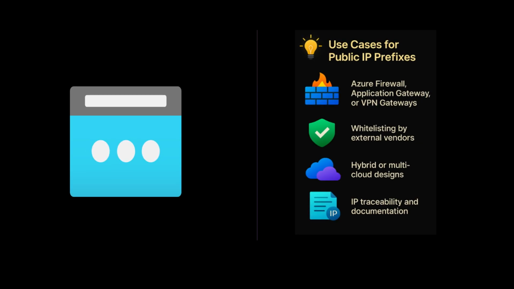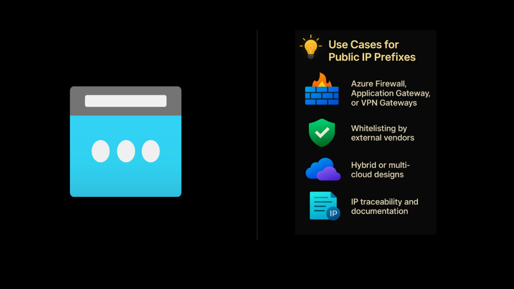You can use public IP prefixes, whether Azure assigned or custom, in several powerful ways to strengthen your architecture. Start by assigning them to Azure Firewall, Application Gateway, or VPN gateways when you need a consistent outbound IP address across your services. This helps simplify routing and security policies.